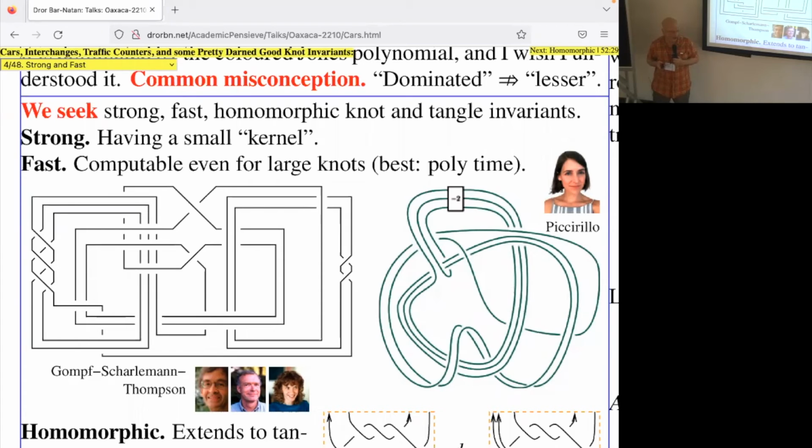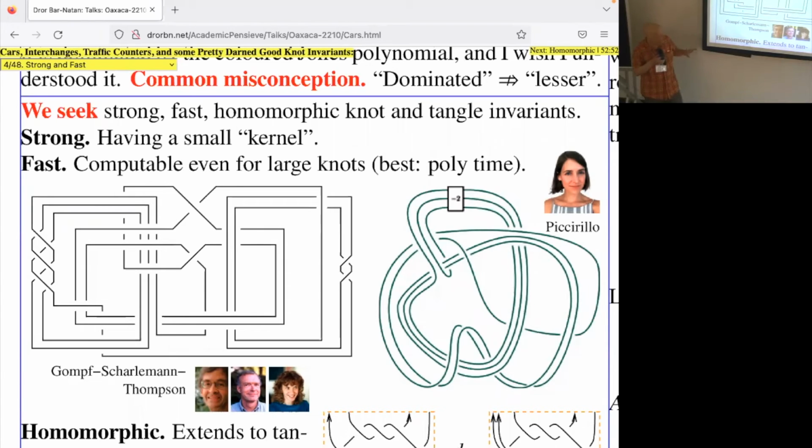On the other hand, there is a reasonably simple extension of it to tangles, which I have not shown. And you exactly know how to compose tangles, or even better, stitch the ends of strands in a tangle.